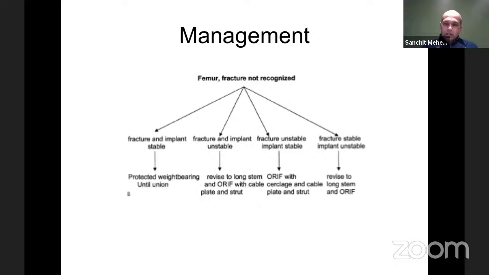If the fracture is unstable, but the implant itself is stable, and you could imagine again, if the fracture is distal to the prosthesis, that could be a scenario, then you fix it. If the fracture is stable, but the implant is unstable, you have to revise it. And when you revise it, you either have to put a similar length, but in most cases, you have to bail out to a longer stem and supplement it with a plate fixation.